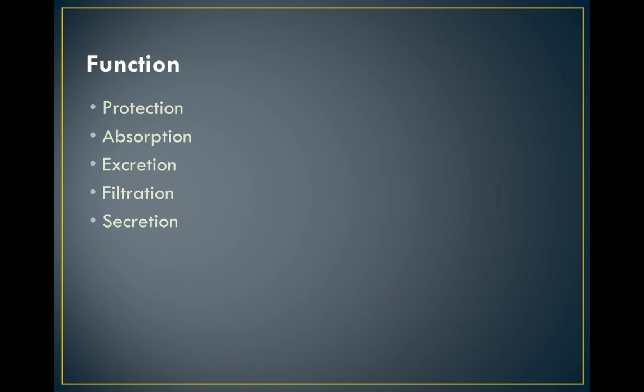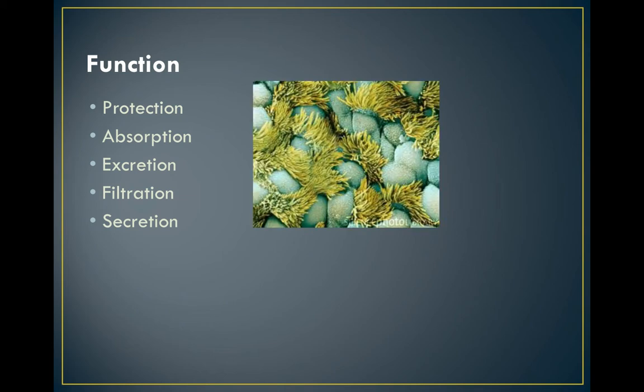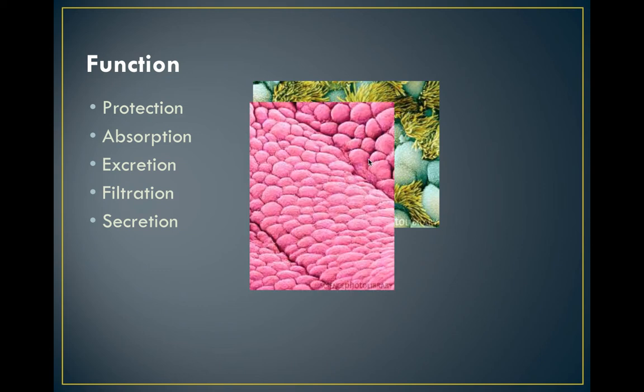If you excrete something, you're usually pushing it all the way out of the tissue, usually into the bloodstream for circulation. Here are some interesting pictures of epithelial tissue. These have been color enhanced, but these are cells lining your respiratory tract. You can see these little interesting hair-like cilia projections.